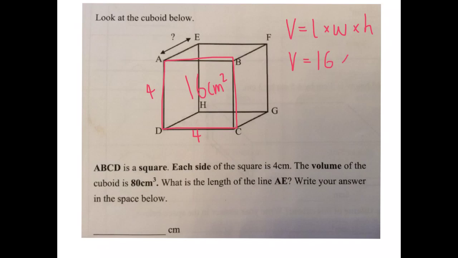So we need to work out that other length, which is AE. We know that the volume is 80, so we need to divide 80 by 16 to work out AE. And 16 into 80 goes 5 times. So my line AE is 5 centimeters.